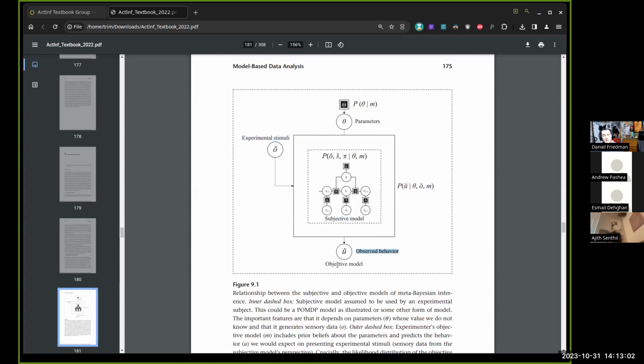Here's the observed behavior objectively coming out, or it could be said empirically coming out. So this gives a closed loop representation of like the person in the fMRI machine, and then here's the experimental stimuli being provided to them. Could be a fixed sequence. It could be drawn from a distribution of stimuli. And then there's the behavioral outcome.